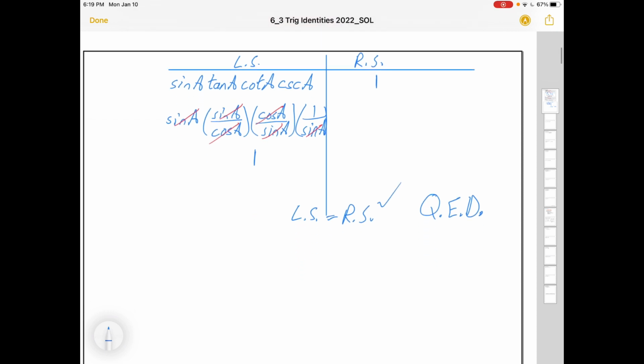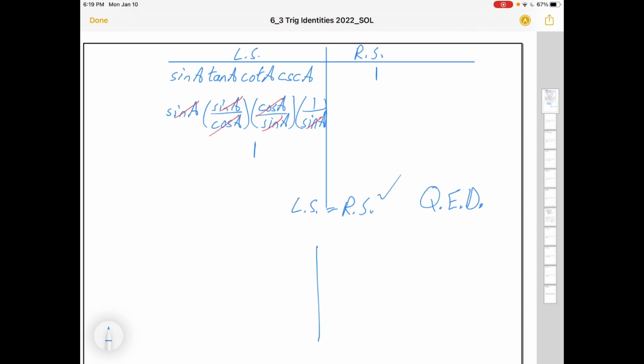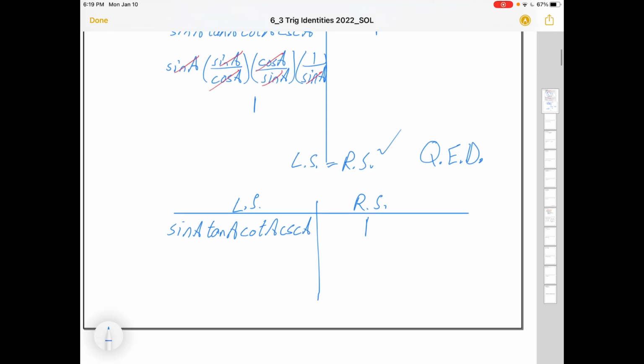One of the sneaky things about proofs is that there's often more than one way to prove something. And so somebody might see the exact same question and look at a slightly different approach. Okay, they might see sine A, tan A, cotangent A, cosecant A, and say, okay, let me think about this.